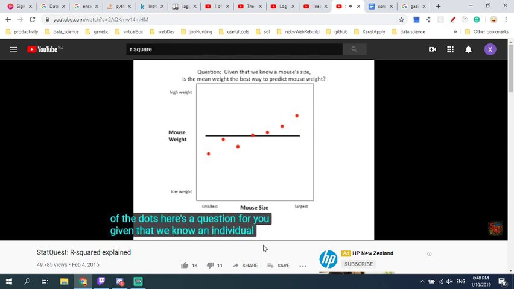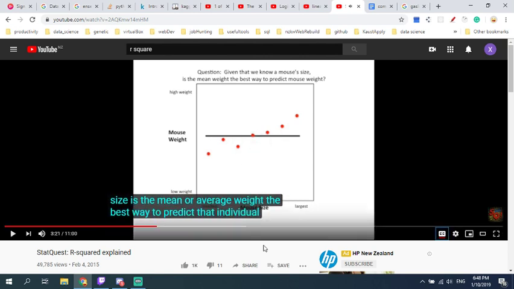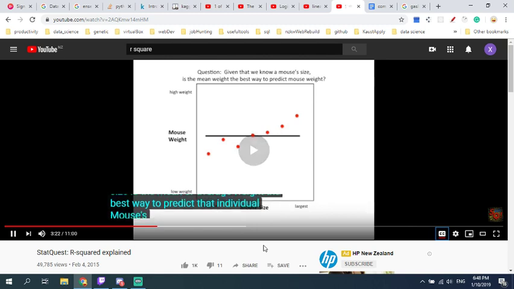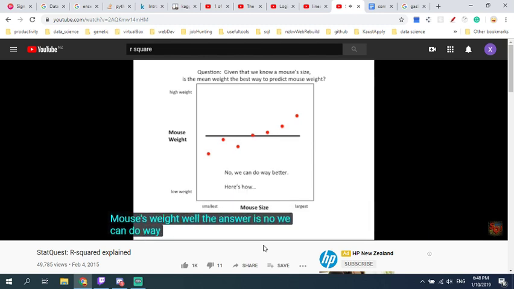Given that we know an individual mouse's size, is the mean or average weight the best way to predict that individual mouse's weight? Well, the answer is no. We can do way better.